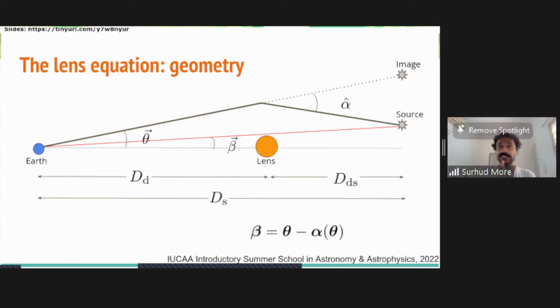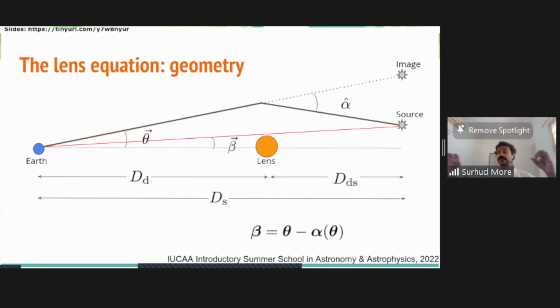Then the deflection because of the first point mass is directed towards the first point mass, and the deflection because of the second point mass is directed towards the other point mass. And so the effective deflection that you are going to see is actually the vector sum of these two deflections. That's the reason why we are treating these deflections as vectors.